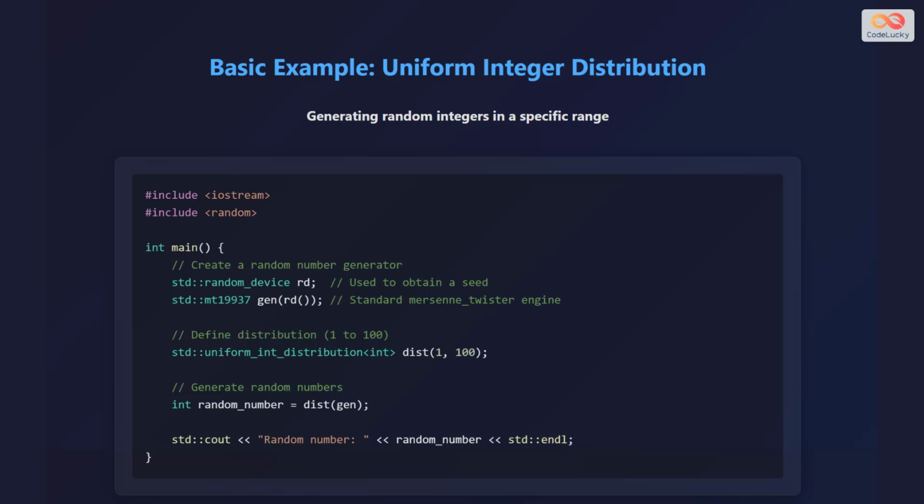Define a distribution such as uniform int distribution, specifying the range of integers, for example, from 1 to 100. Generate random numbers by calling the distribution with the random number generator, storing the result in an integer variable. Finally, print the generated random number to the console.